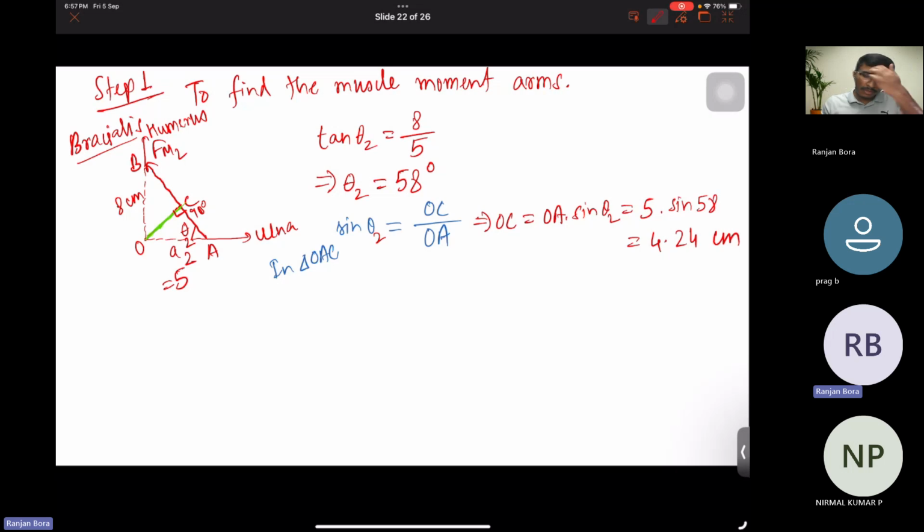So we have got the moment term for one muscle. Similarly, I will find out the moment terms for the other two muscles.